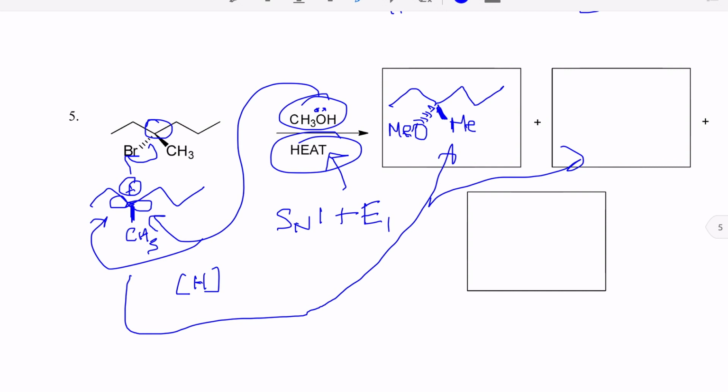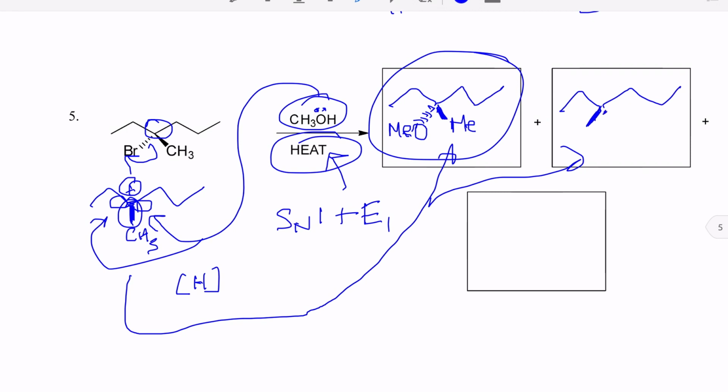Sorry, just as a typo, there's a small error here. That CH3 group is not actually projecting out of the page. It could be either or. It's actually just planar, so that's a correction. But again, if the methanol molecule were to attack from the backside, you would get this product. But if the methanol molecule were to attack from the front side, we would get just the same molecule, but the orientation or the stereochemistry changes.